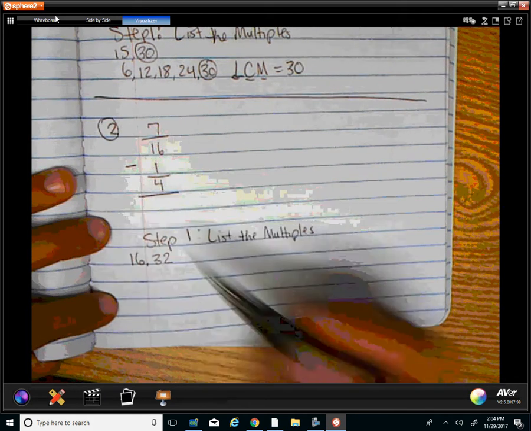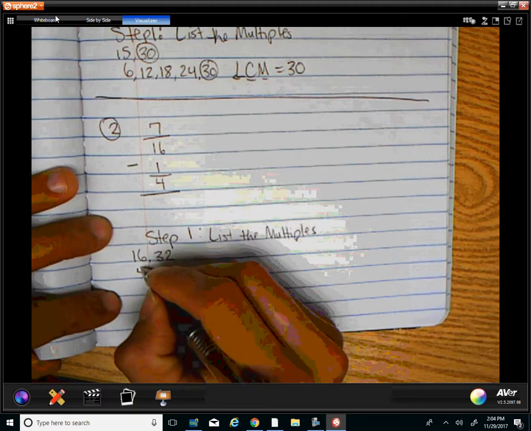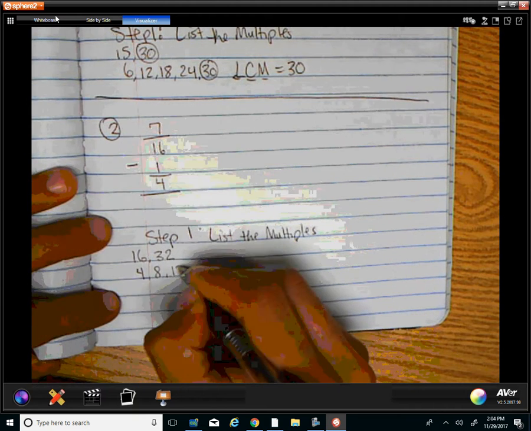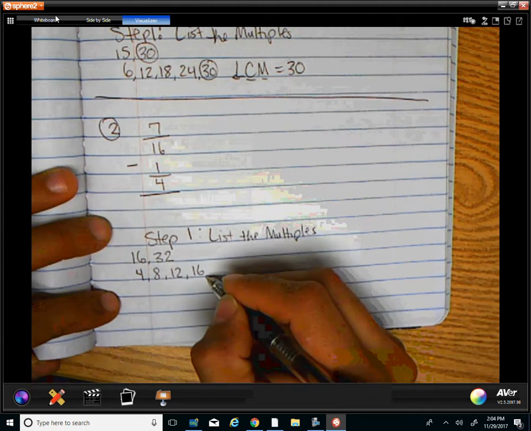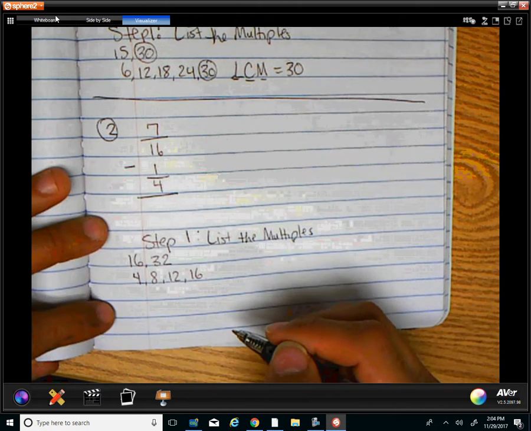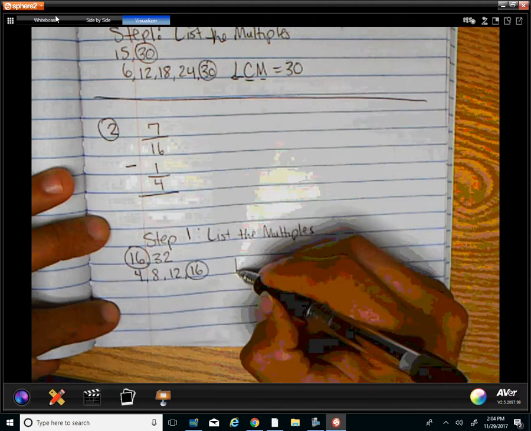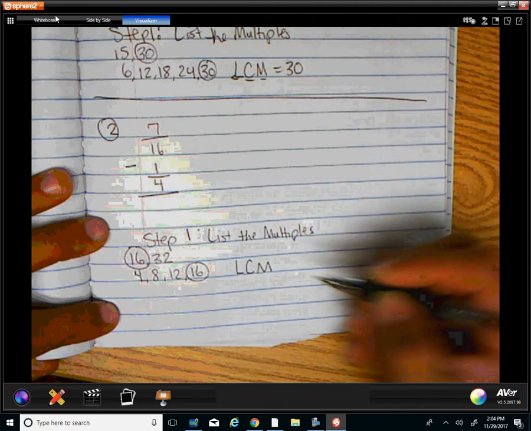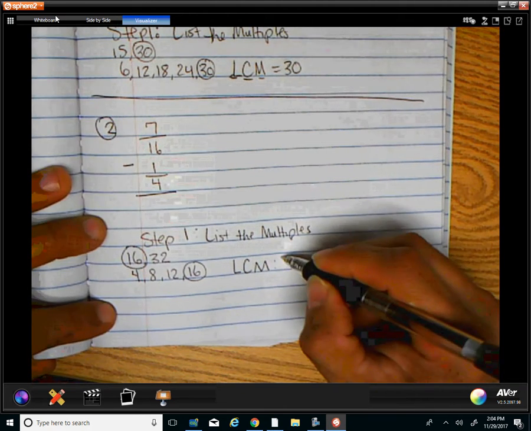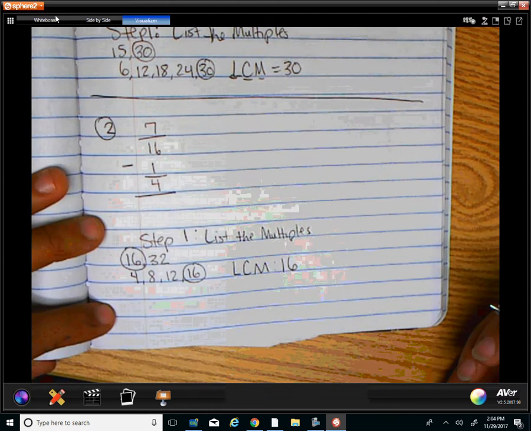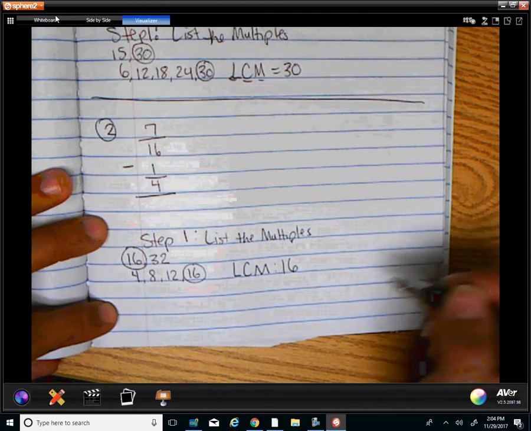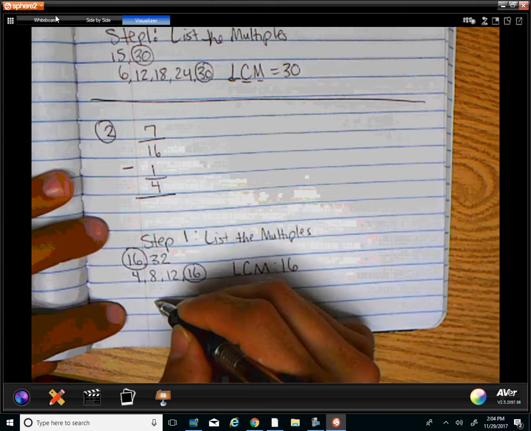Now try the 4. 4, 8, 12, 16. All right, we can stop there because the least common multiple is 16. So we're going to use that for step 2.